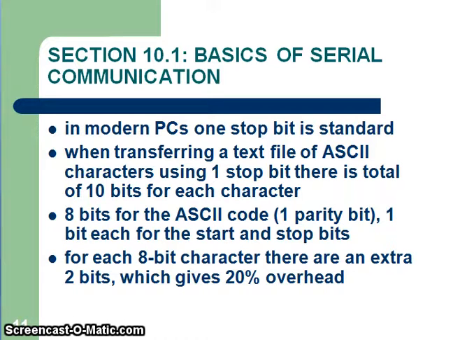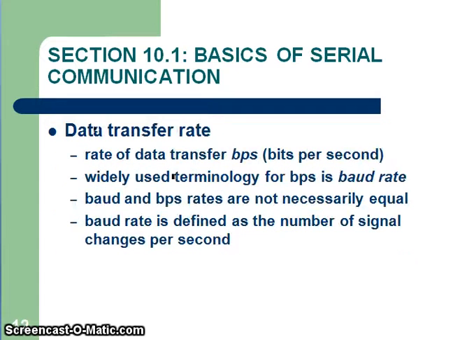When transferring a text file of ASCII characters using one stop bit, there is a total of 10 bits for each character: 8 bits for the ASCII code, and 1 bit each for the start and stop bits. So for each 8-bit character, there are an extra 2 bits, which gives 20% overhead in data transfer rate.